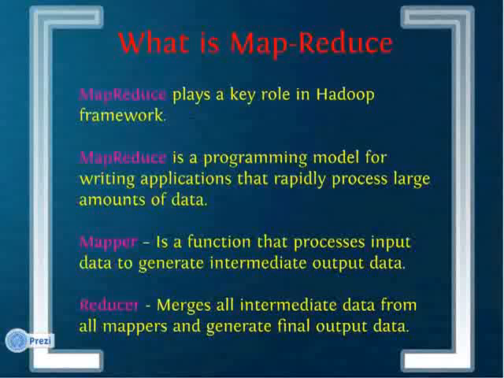Coming back to Hadoop, the mapper is a function that processes input data from HDFS and generates intermediate output data. Why are we calling it intermediate? Because this is not the final output. This needs to be consolidated. So each individual machine is doing its own part, whatever is assigned by your master machine.